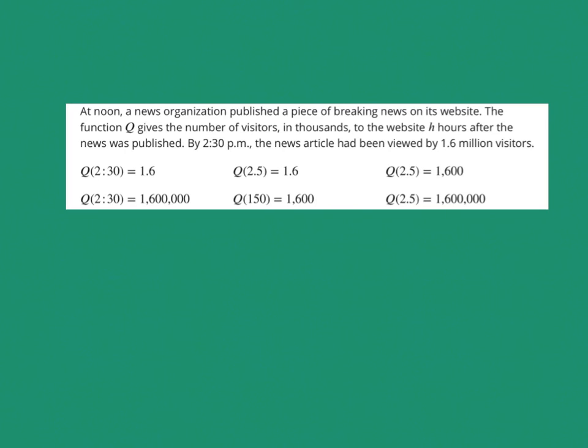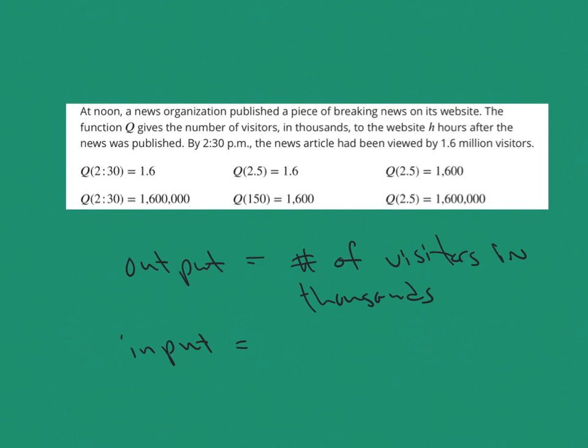So taking this idea of paying close attention to the units, we have: at noon, a news organization published a piece of breaking news on its website. The function Q gives the number of visitors in thousands to the website h hours after the news was published. So the input is the number of hours since the news was published.